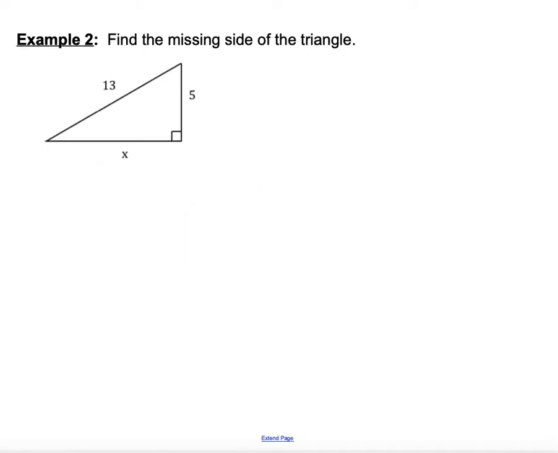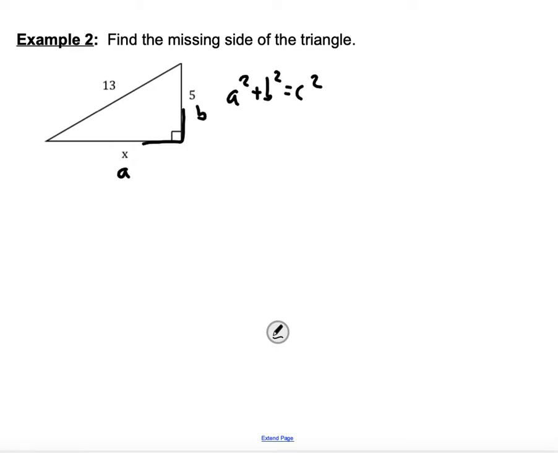Find the missing side of the triangle. So again, we've got a right triangle. We've got two sides given. What are we going to use? Yes, the Pythagorean theorem. Identify sides A and B. They make up the 90-degree angle. So those are my A's and my B's.